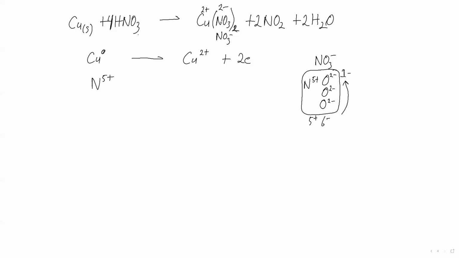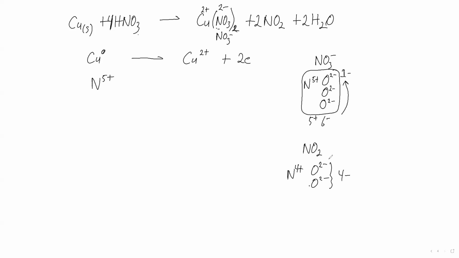Okay. And over here, this nitrogen is still 5+ because it's still nitrate. But this nitrogen is not. If we look at NO2, right? Oxygen is still 2- because it's bonded to something that isn't oxygen. So we have 2 oxygens, each at 2-, and the total negative charge on that is 4-, which means nitrogen has to be 4+ because NO2 is neutral.